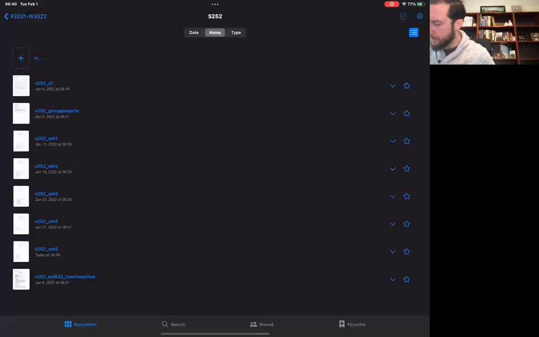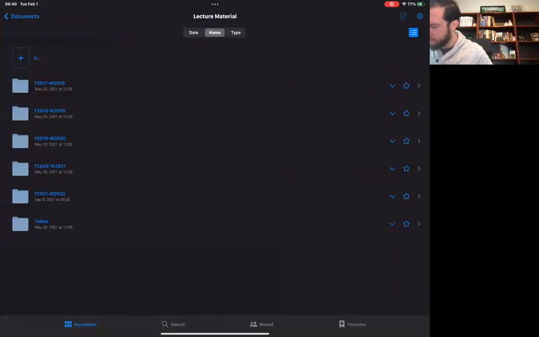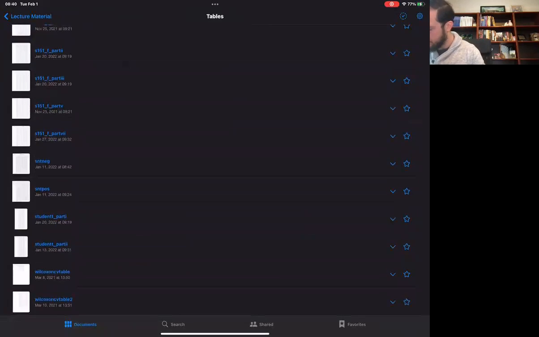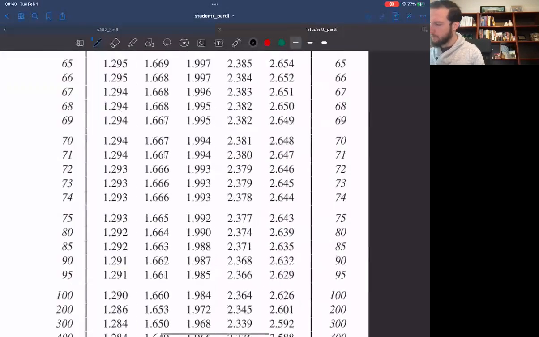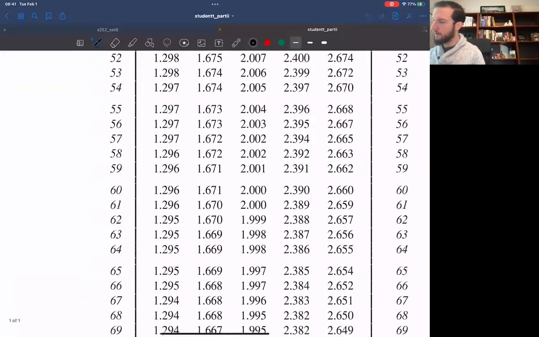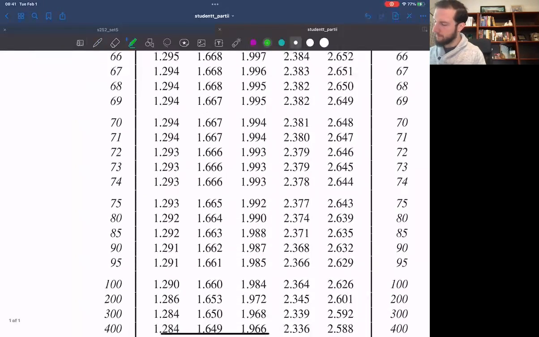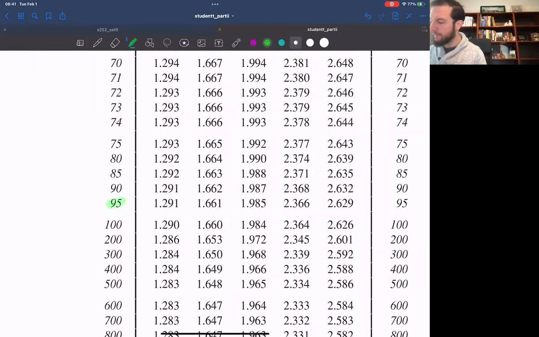Now we go to our t table. We have 97 degrees of freedom. We don't have 97 in the t table, so we always round down. That gives us 1.985.